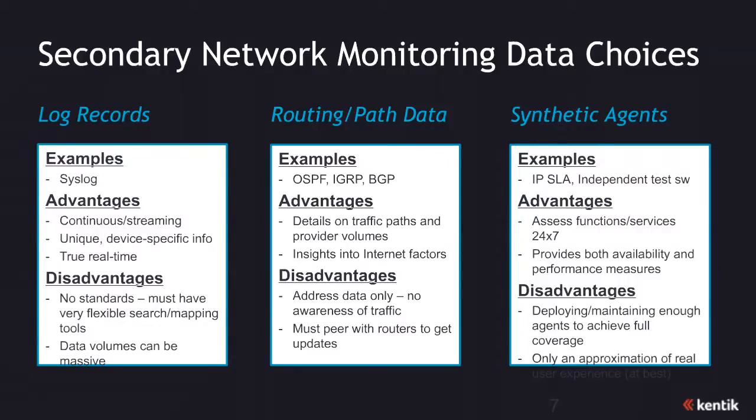The downside of these is they really are just a test. They're not measuring actual real activity. They only test what you set them up to test, and so they're only seeing a narrow view. So useful, again, not a primary data set, but a lot of folks use them as a supplemental way to keep an eye on things.